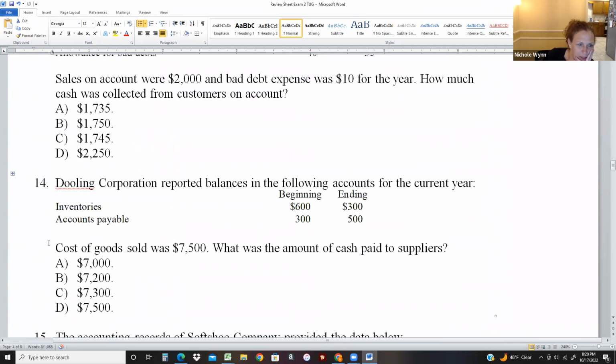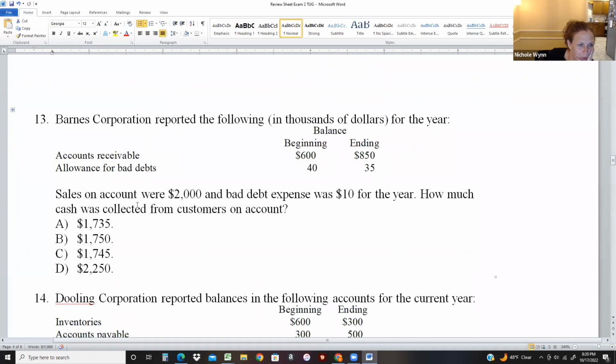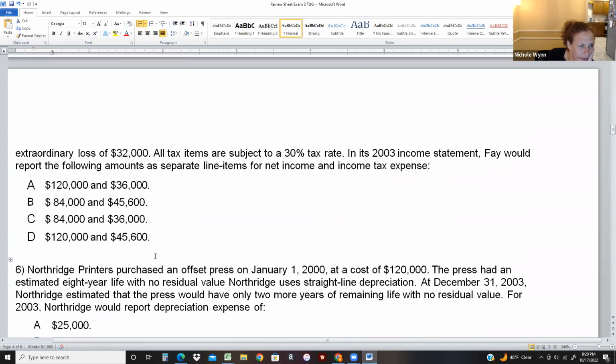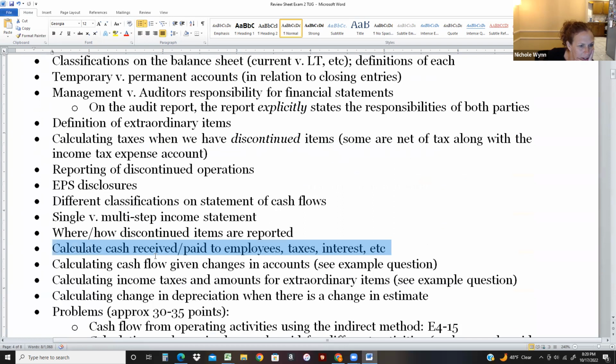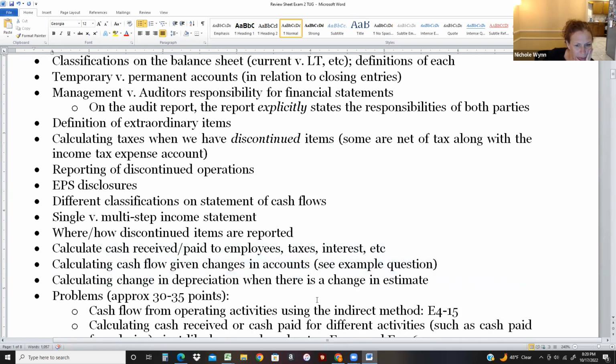So it would just be like these, I'm just referring to 13, 14, 17. Just those practice questions. Calculate income taxes and amounts for extraordinary items: I deleted that one, so you don't have to do it. Calculate change in depreciation when there's a change in estimate: I also deleted that.